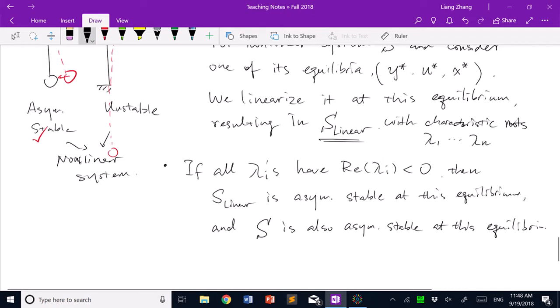So if the linearized system is asymptotically stable, the nonlinear one is also asymptotically stable.